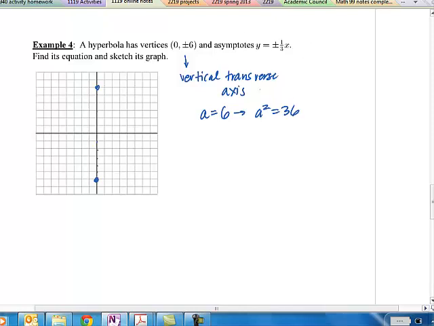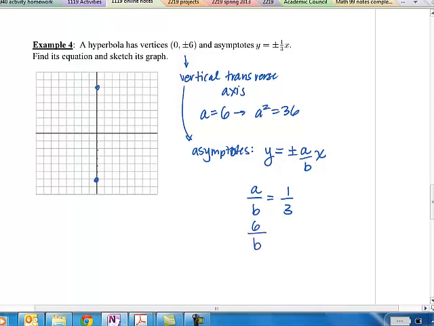And let's see, if the graph is opening upward like that, for a vertical transverse axis, the asymptotes in general are y equals positive or negative a over b x, which means the ratio of a to b should be 1/3. But a we know is 6, so 6 to b is 1/3, which means b is going to be 18.